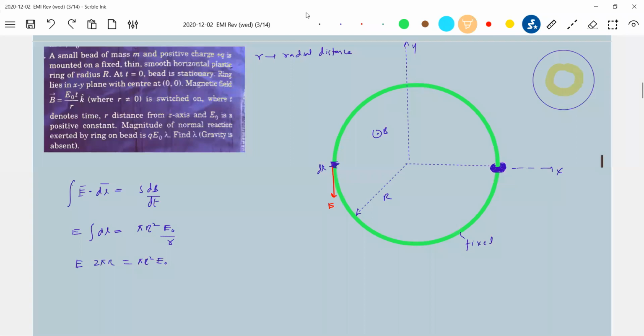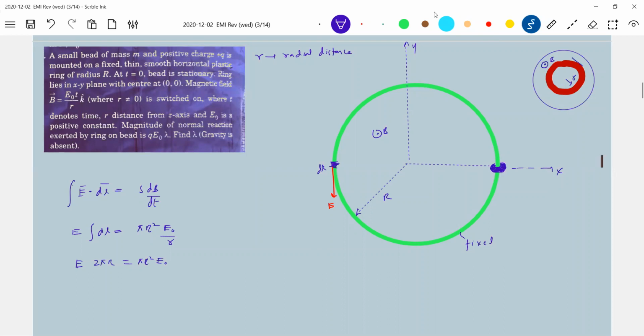Okay, I'll bring the concept in. We'll take a small ring first. It is like this. B bar is out of the plane everywhere.